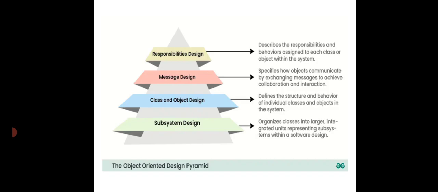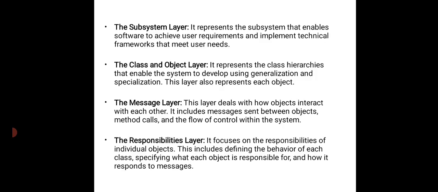Class and object design defines the structure and behavior of individual classes and objects in the system. Subsystem design organizes classes into larger integrated units representing subsystems within a software design. Let me discuss each layer separately in the pyramid.